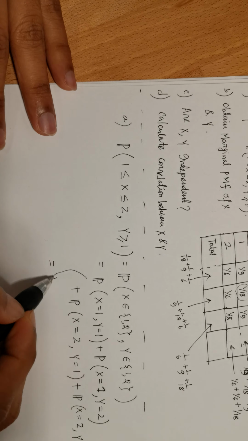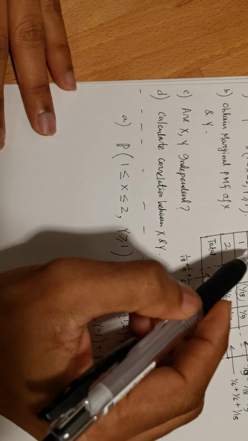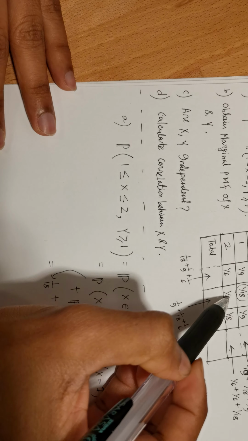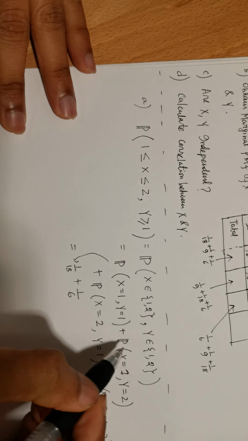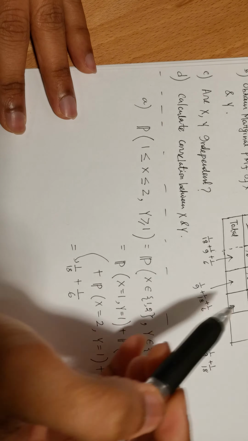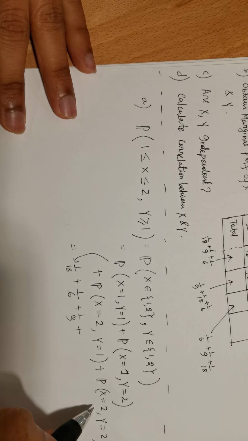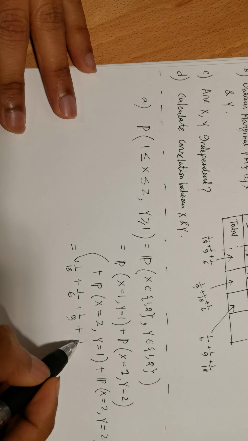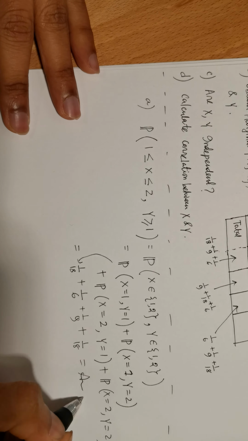For x equal to 1, y equal to 2, it is 1 over 6. Then x equal to 2, y equal to 1 is 1 over 9, and x equal to 2, y equal to 2 is 1 over 18. If you add these things, that's the answer.